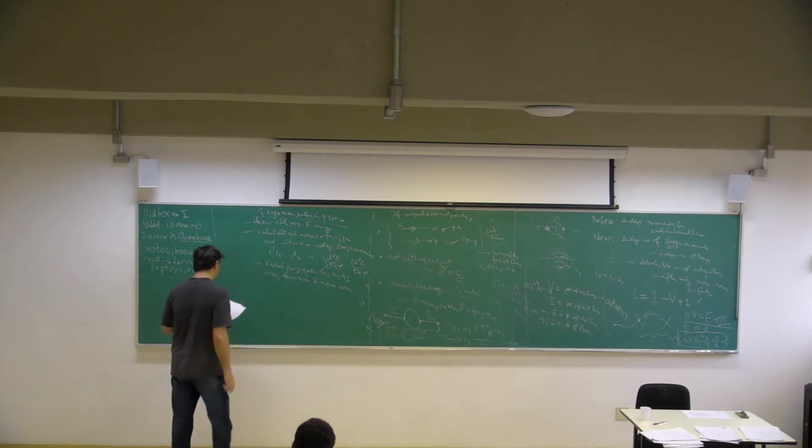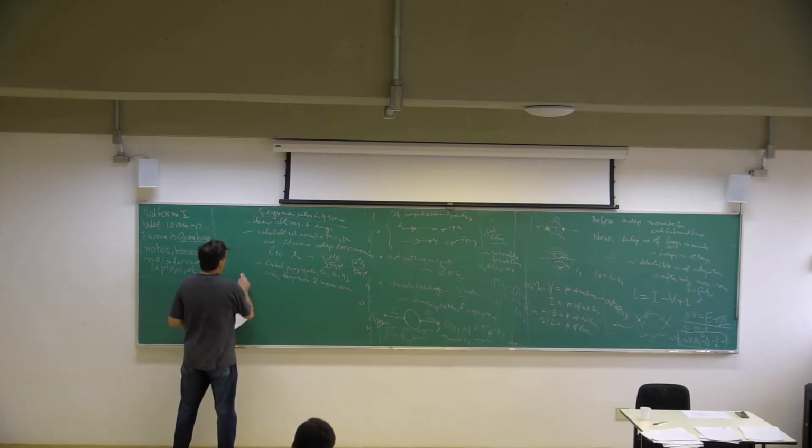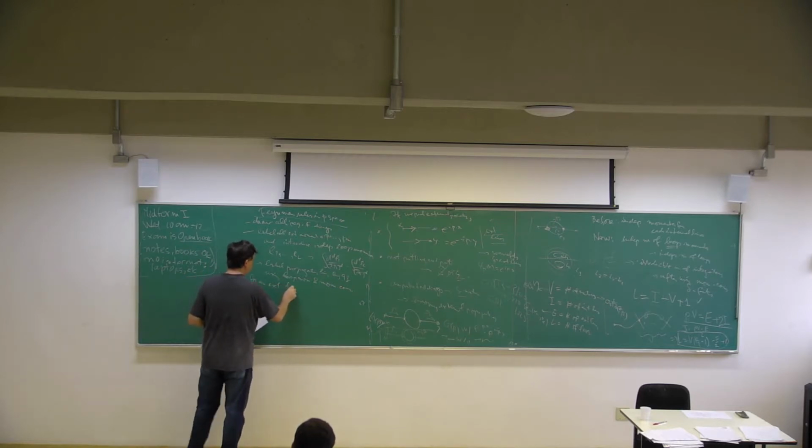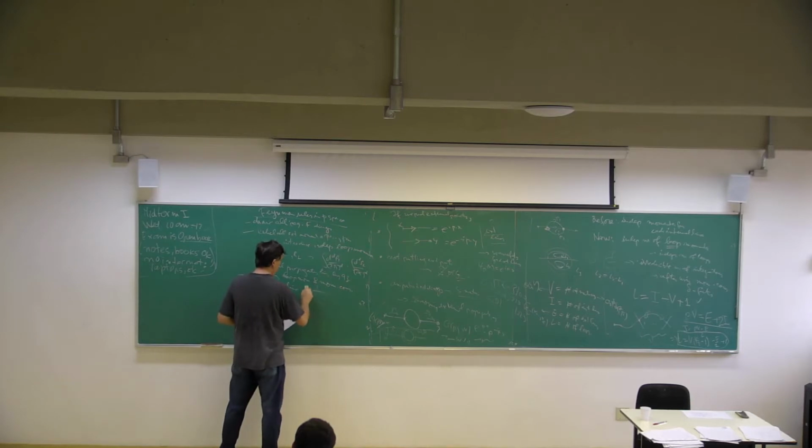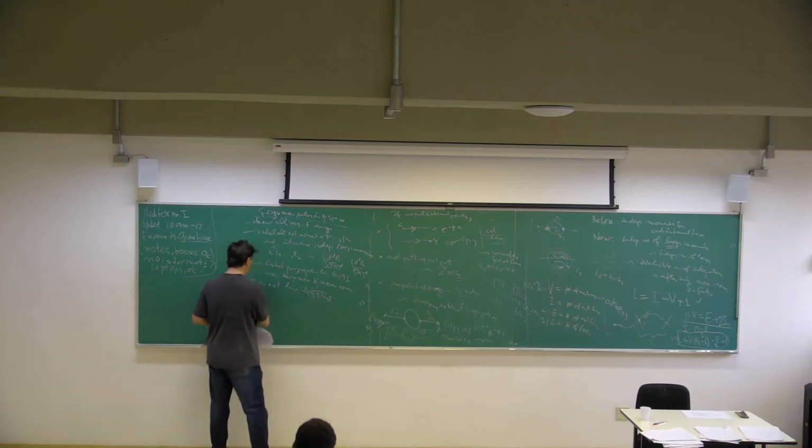Then for an external line, we write delta of pi, 1 over pi squared plus m squared.